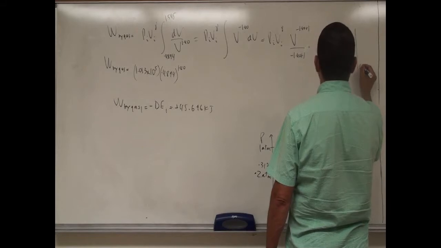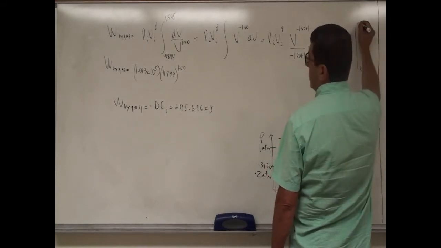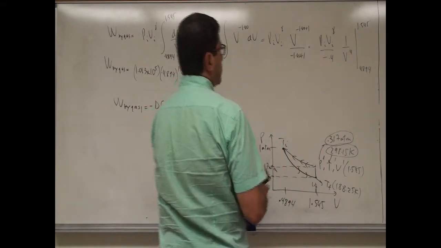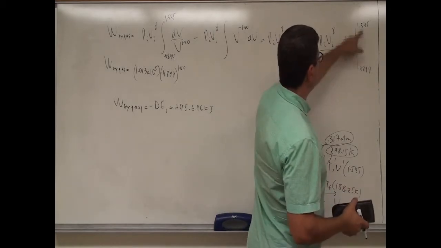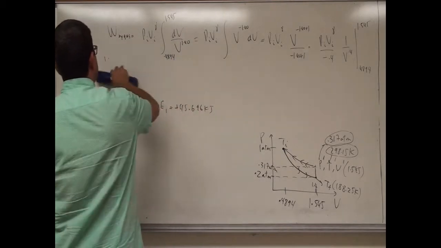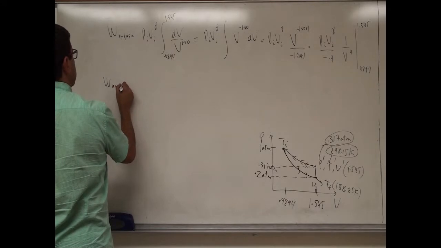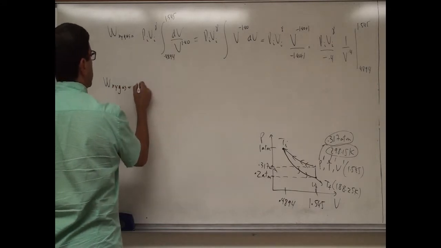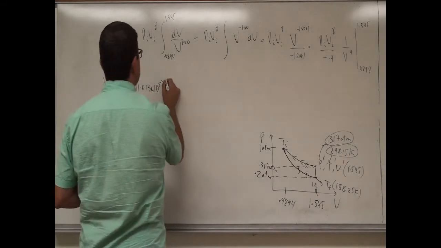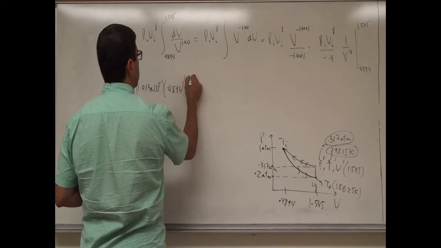Then you're going to do here V initial 0.4894 to the power 1.545. Okay? Since you have a negative here, that negative is going to switch the limits of the integral. So work by the gas is P initial, which is 1.013 times 10 to the 5th, times V initial 0.4894 to the power 1.40.